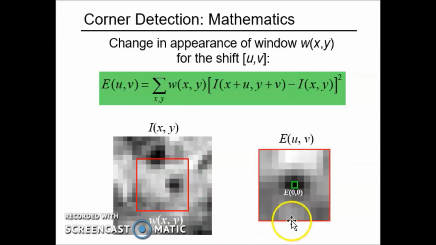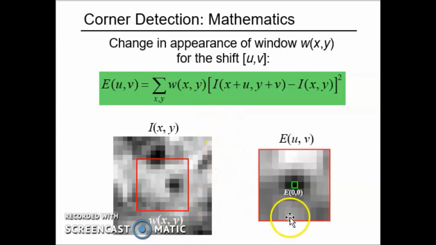We can see over here that at 0 0, which means that when we are not inducing any shifts in the images, this value is going to be E of 0 0, and it will be dark because we are basically taking the difference of an image within this window with itself, which obviously is going to be 0.